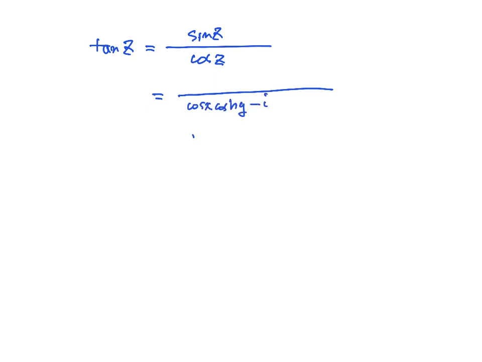Tangent z is cosine z over sine z, right? Cosine x cosine hyperbolic y minus i sine x sine hyperbolic y, over sine x cosine hyperbolic y plus i cosine x sine hyperbolic y.